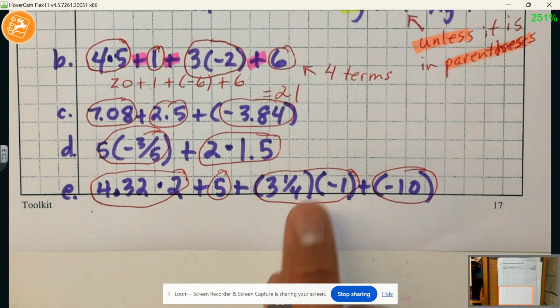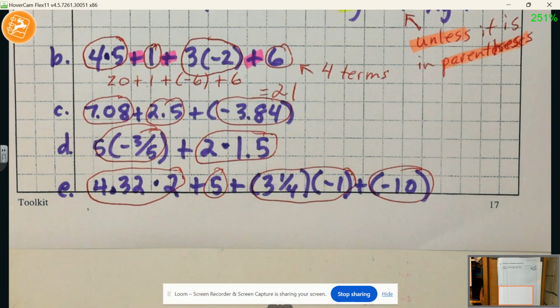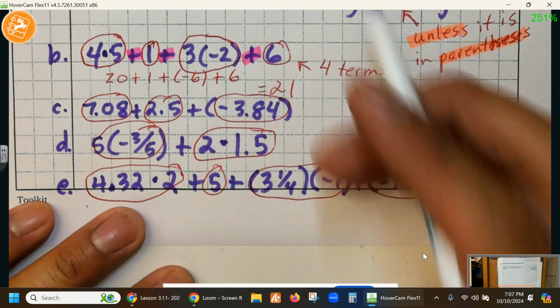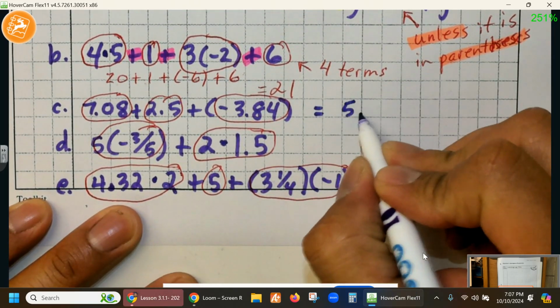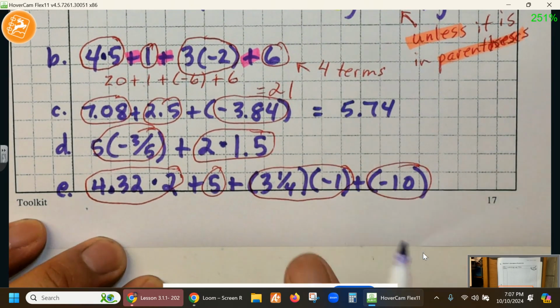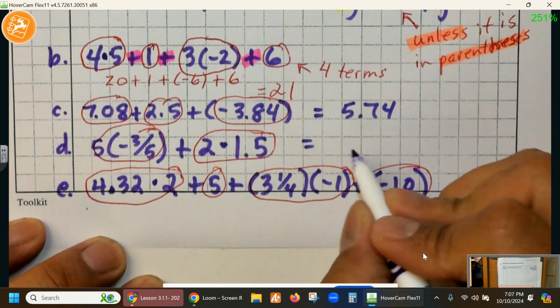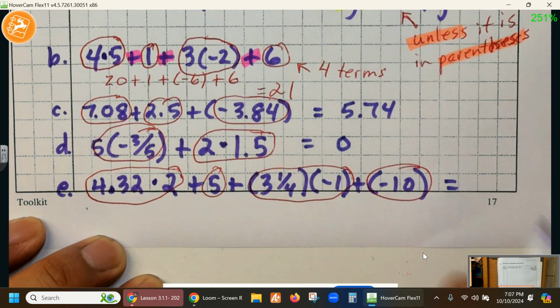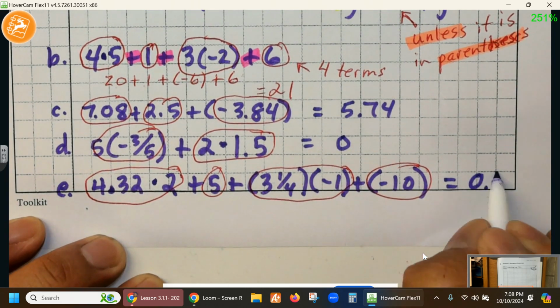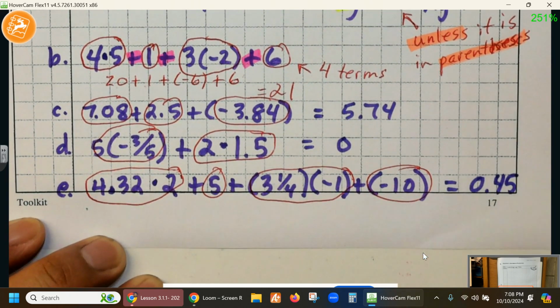And this will help us to group those and add last, like we said. And this one will equal 5.74. This one will equal 0. And this one equals 45 hundredths.